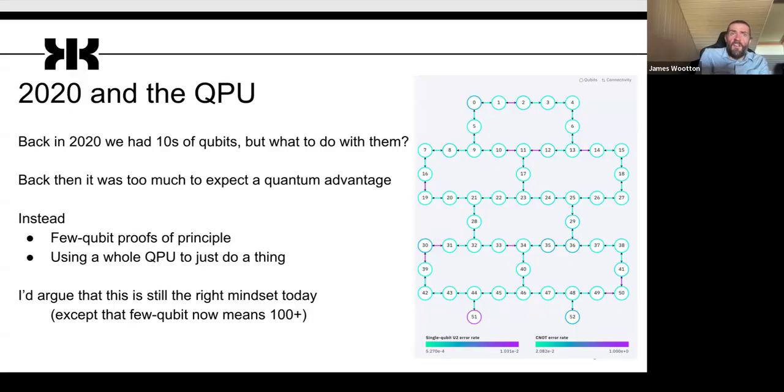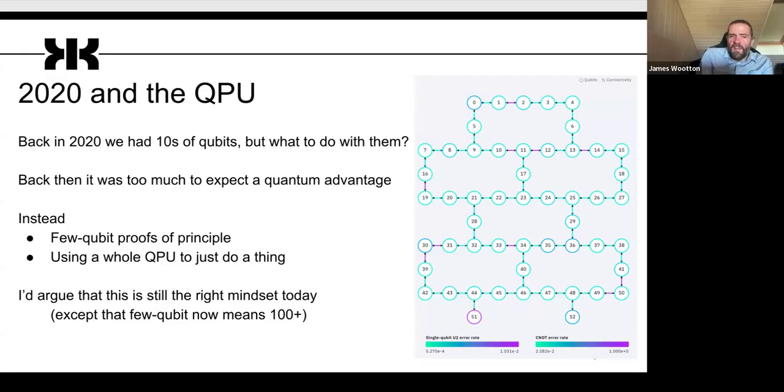Let me imagine a 5 qubit version of it and do it on our current hardware. Then we write a paper and say, here's a thing we want to do in the future, and we already did a version now. Aren't we clever? And of course, if it's 5 qubits, you can do it with your phone. So you don't really need a quantum computer, but it's a step in the right direction.